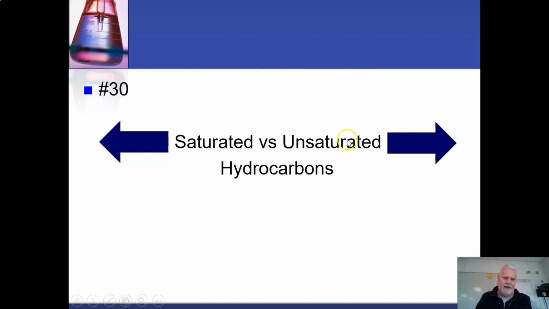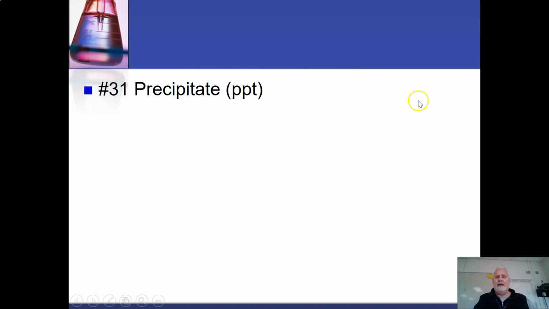So olive oil, which is unsaturated, is a little better for you than chewing on a chunk of lard. So again, saturated, all single bonds. Unsaturated, at least one double bond, oftentimes more. That'll help you with that.